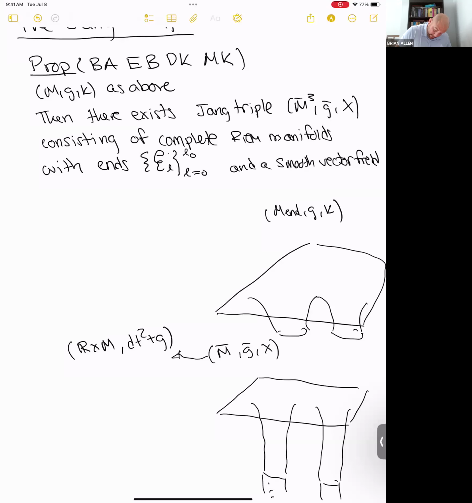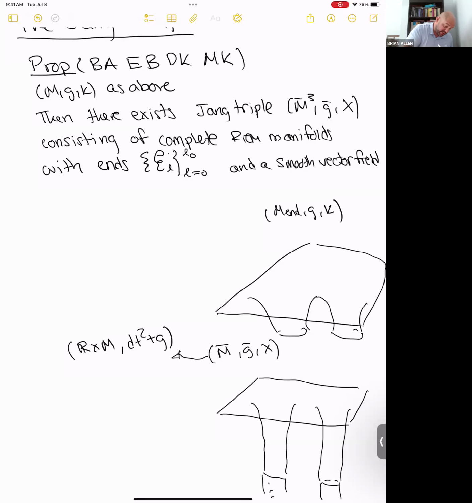So in the statement, you're taking an end MGK, which is just one of the ends, and you're going to associate it to a Jang triple, which has now many ends because there's going to be the asymptotically flat end, and there's going to be all these asymptotically cylindrical ends, right?